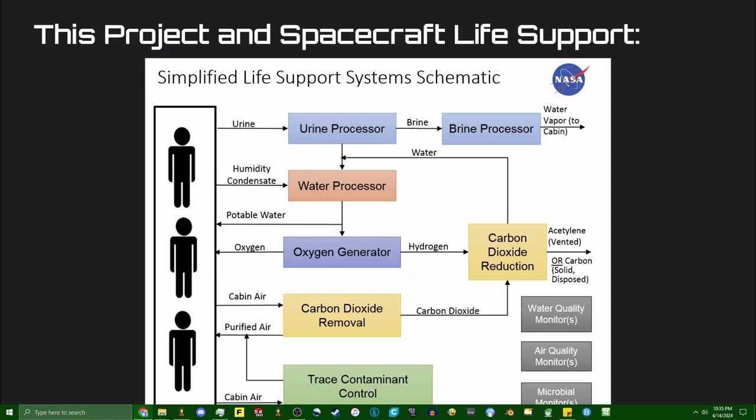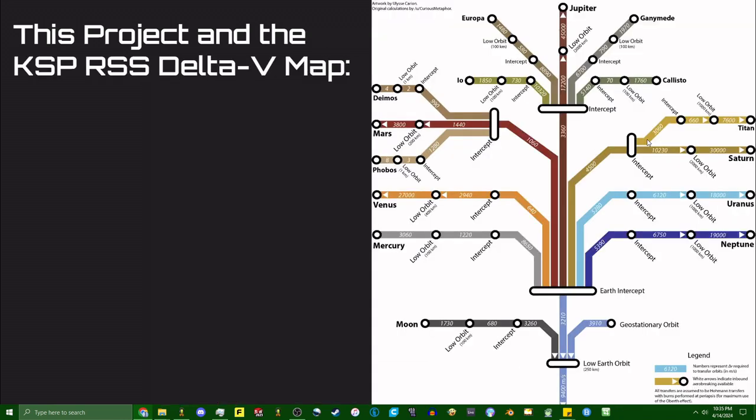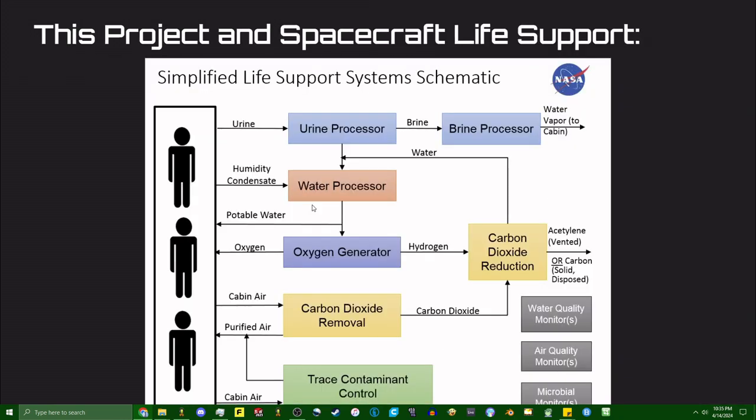The main consideration I was trying to piece in here was the mass of how many consumables would be used. Those consumables mainly are food, water, oxygen, and then you also have to have lithium dioxide to scrub carbon dioxide from the atmosphere inside your spacecraft. I'll talk a little bit more about this later.